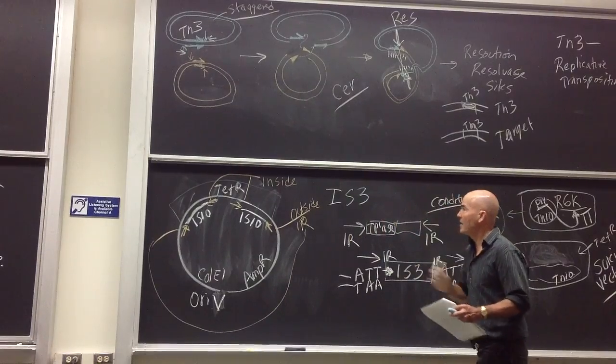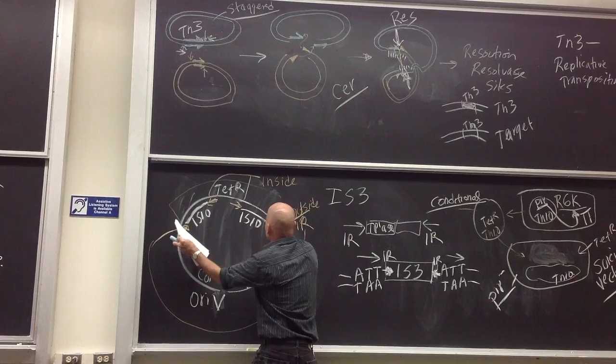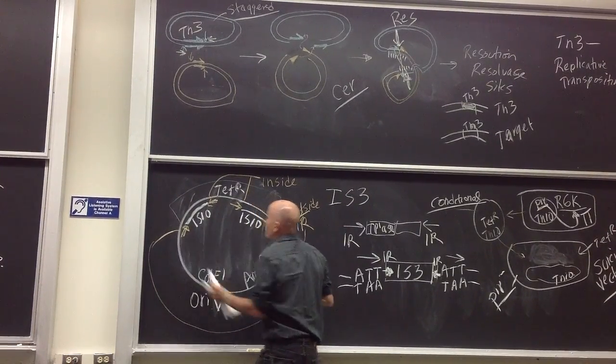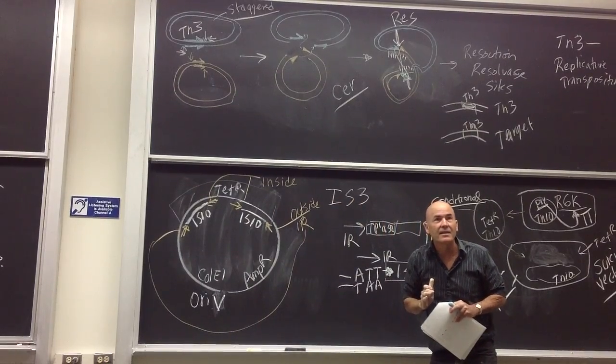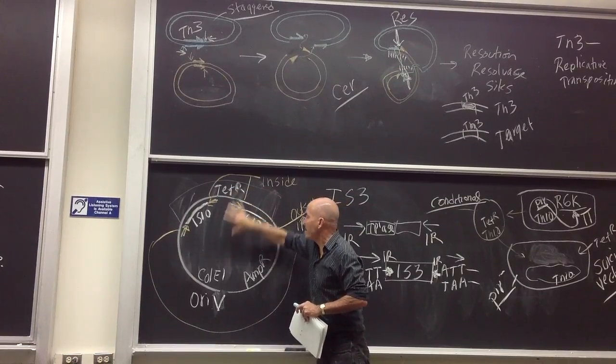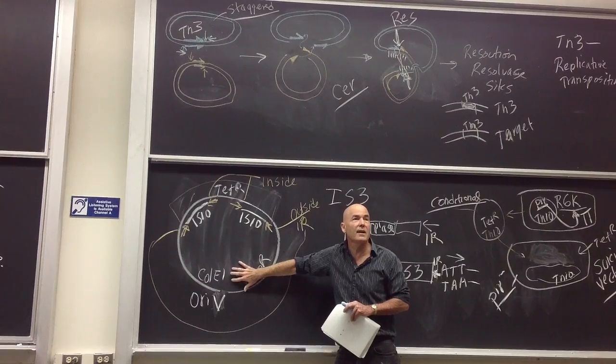Why did I call it outside? Well, because for Tn10, if you cut here and here, the whole thing goes. IS10, IS10, tetracycline resistance. Everyone see that? So far, so good? If this Tn10 integrated into this ColE1 plasmid, that's the ColE1 plasmid we've been talking about all this time, okay?